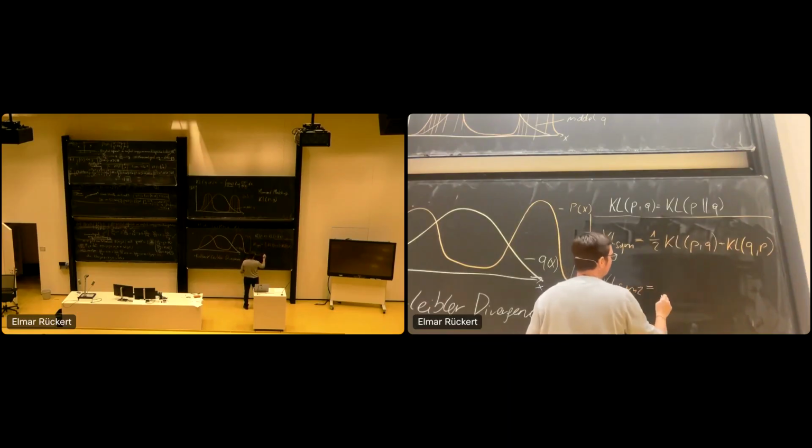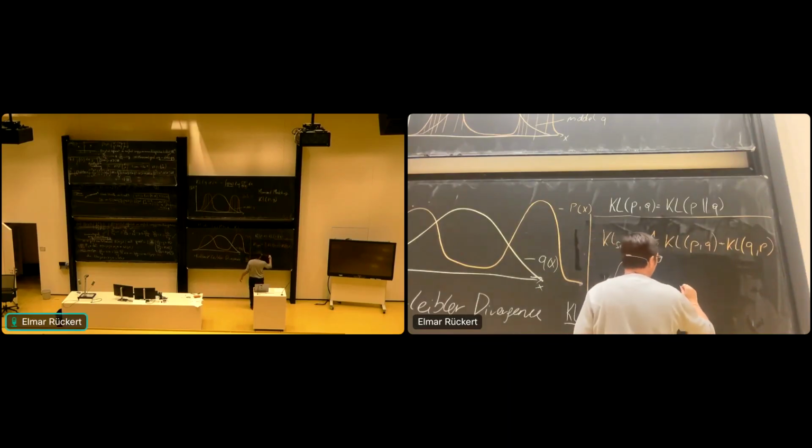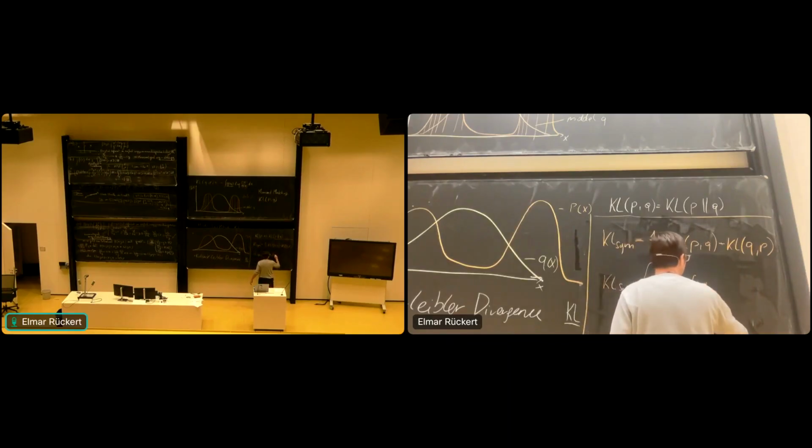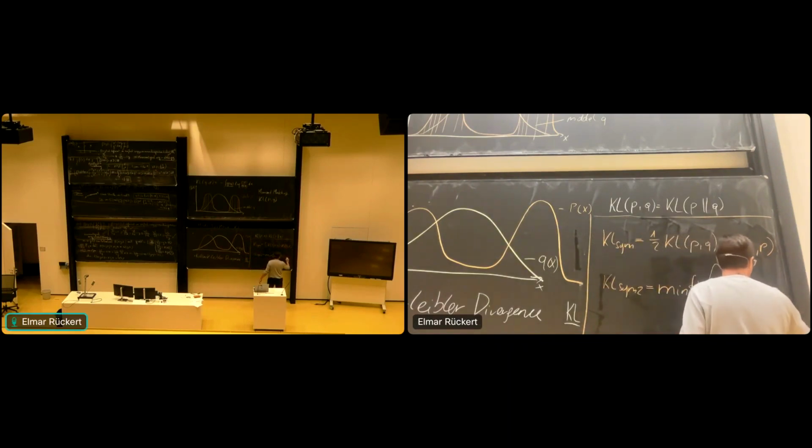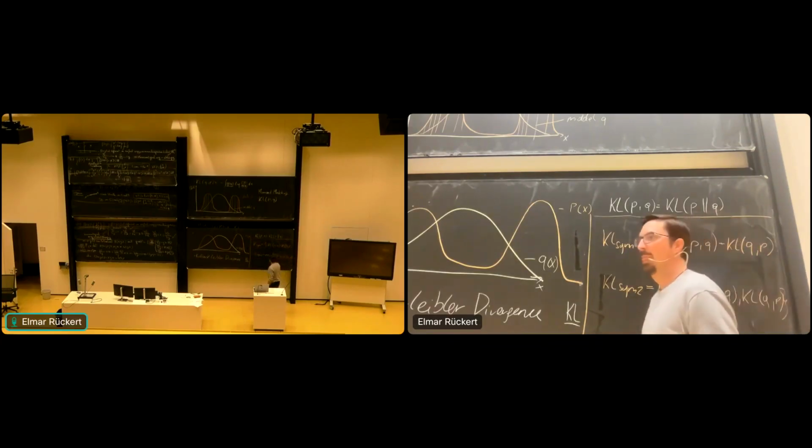There might be a second solution where you take the minimum of the two distributions for each individual event, the KL of P and Q and the KL of Q and P. Now you have two symmetric variants.